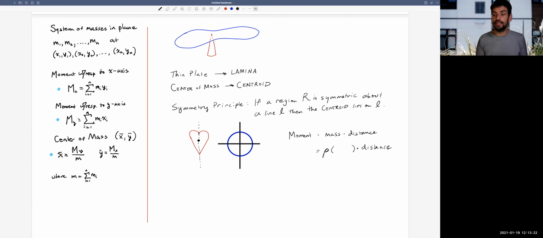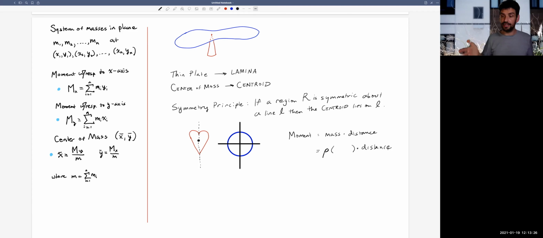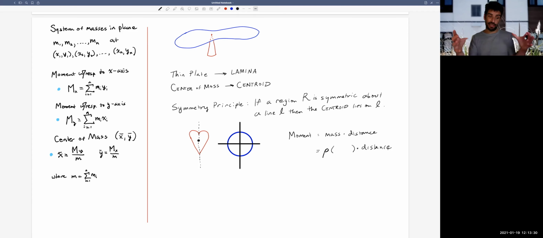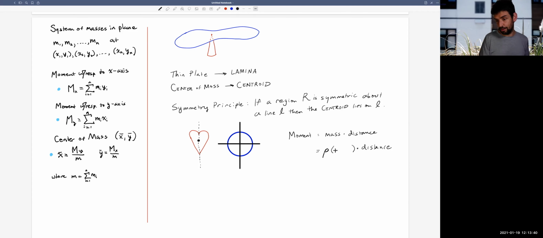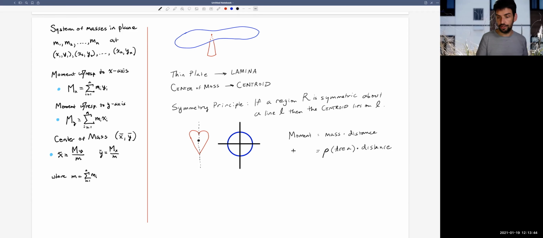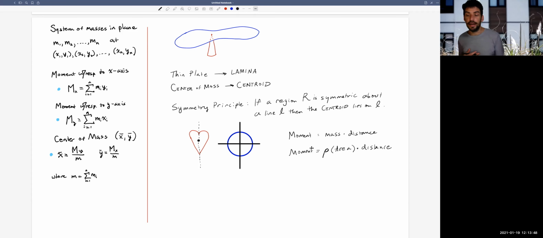Well, then to get the mass, we'd take density times how long the rod was. Here we're talking about shapes that have area, and so we'll have density that's going to be mass per unit area, so we have to take that density and multiply it by area. Okay, so this is how we're going to get these moments in a moment.